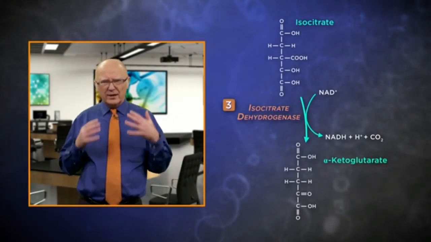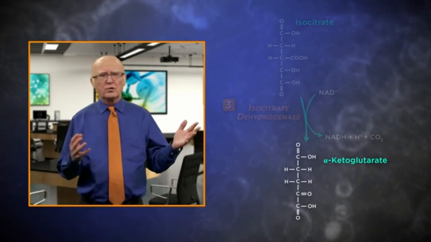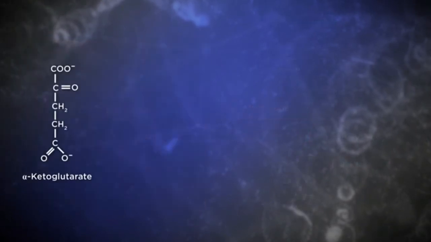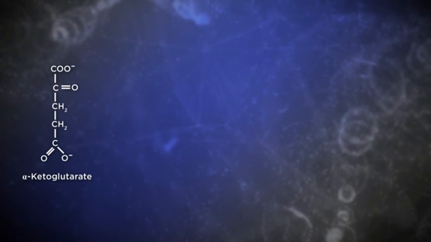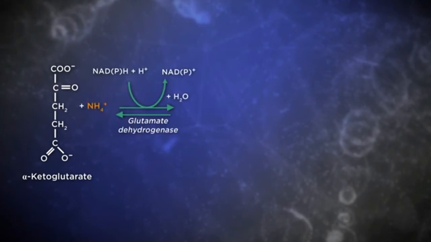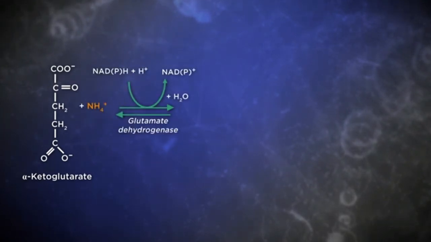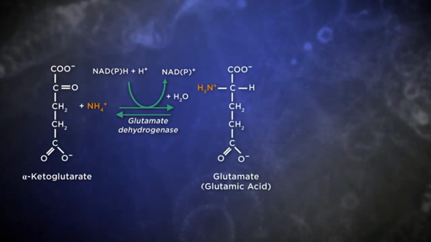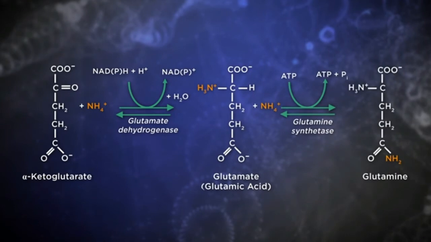The cycle intermediate alpha-ketoglutarate is also an on-ramp and an off-ramp. It has several roles besides being an intermediate in the citric acid cycle. First, and perhaps most importantly, it can grab excess nitrogen and easily be made into the 5-carbon amino acid glutamic acid. Now, from glutamic acid, it's just one step to glutamine.